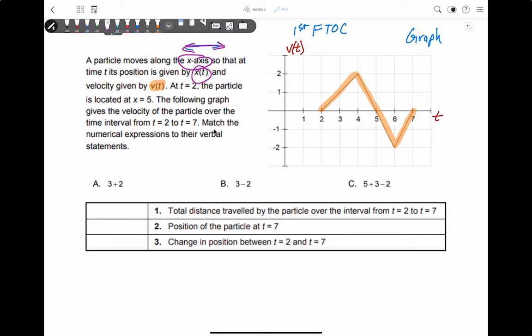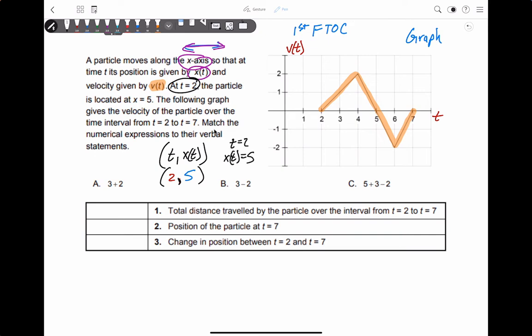So we can say at time 2, let me write that down, because we have a t, x of t, input, output going on here. At time 2, the particle is located at 5. So that 2 is t and 5 is x of t. Let me write that over here: t is 2 and x of t is 5.